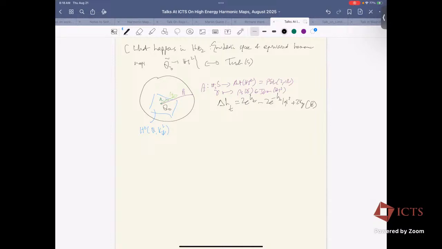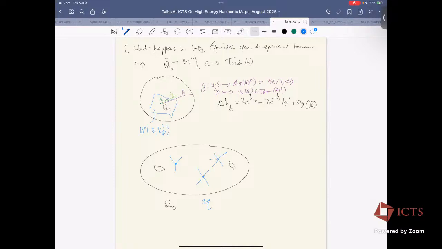So, maybe I'll just draw a picture of what's going on. I have this Riemann surface R naught and it's high genus. And it has this quadratic differential on it, Q, which has some divisor. And we talked about a nice picture of what this divisor might look like. It has zeros of different orders. And so what happens in sQ?